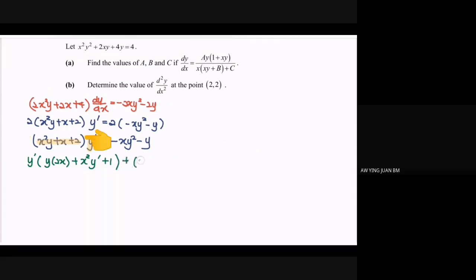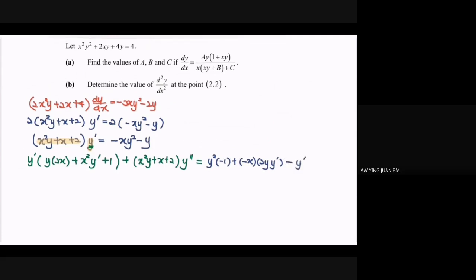Plus, we have x squared y plus x plus 2. Differentiate the y prime, we will have y double prime, which is the second derivative, equals to y squared (negative 1) plus negative x (2y y prime) minus y prime. Next, I'm going to expand the situation.